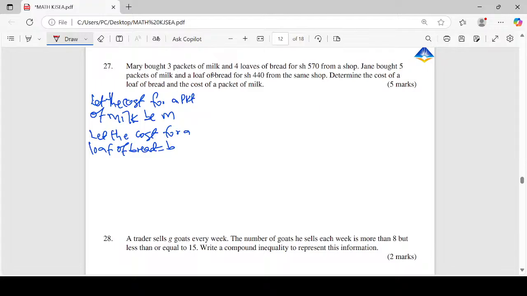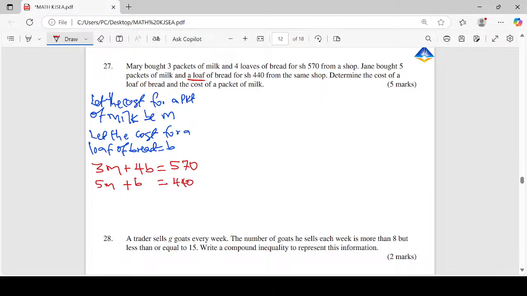Mary bought 3 packets of milk, that is 3M, and 4 loaves of bread, that is 4B, at a cost of 570. So that one should be equal to 570. That gives you equation 1. Equation 2, Jane bought 5 packets of milk, 5M, and a loaf of bread, a loaf, learners, meaning only one loaf, that is B, is equals to 440.